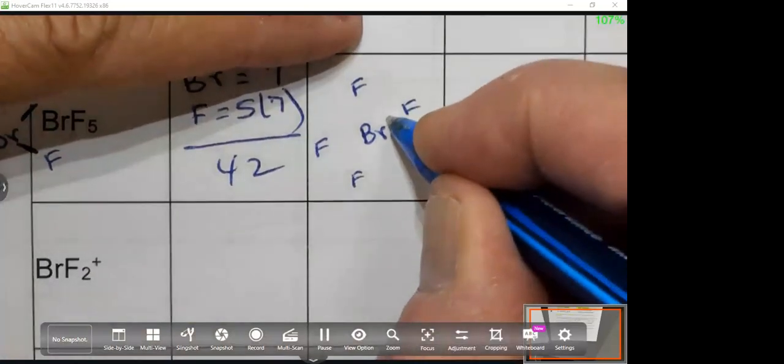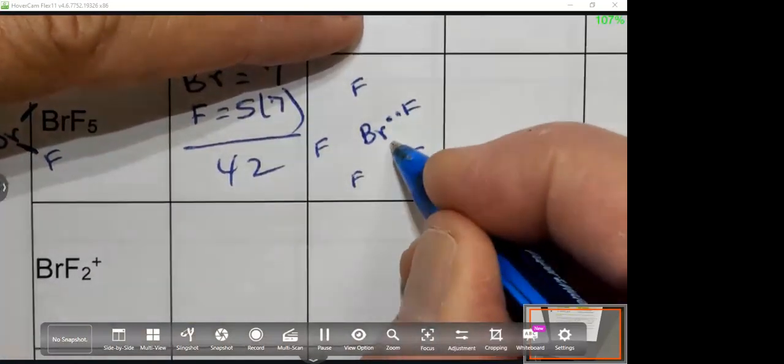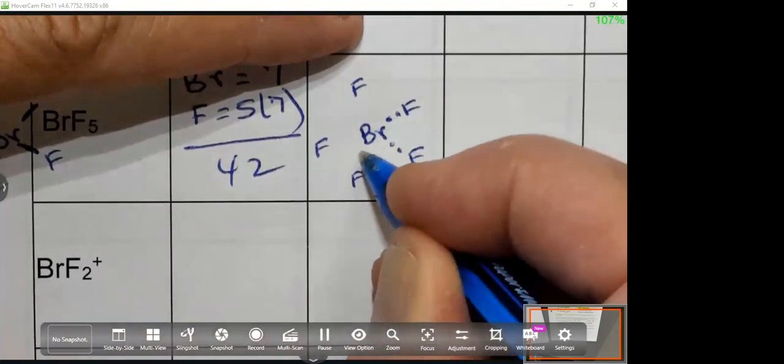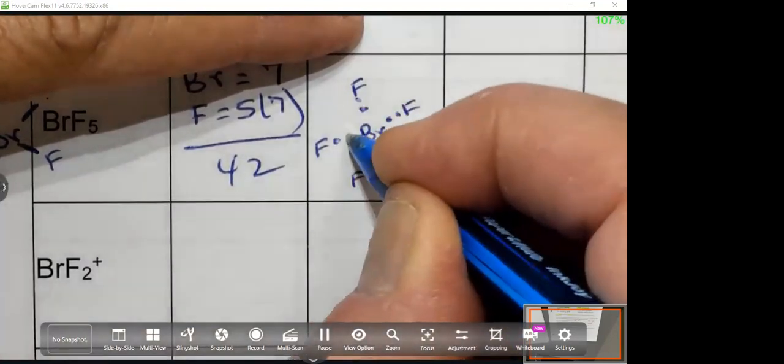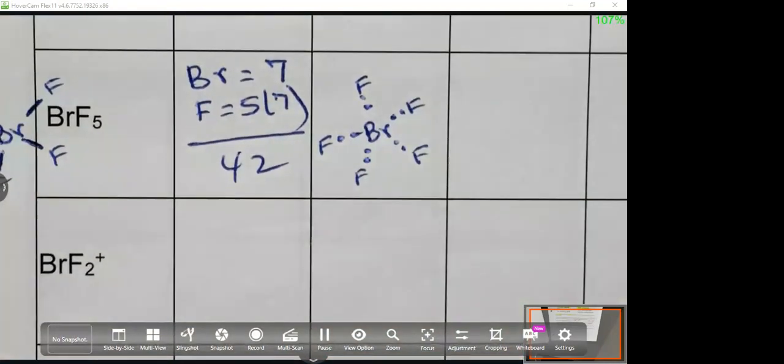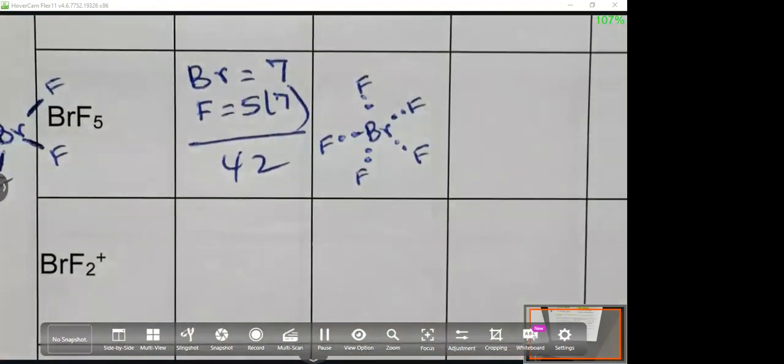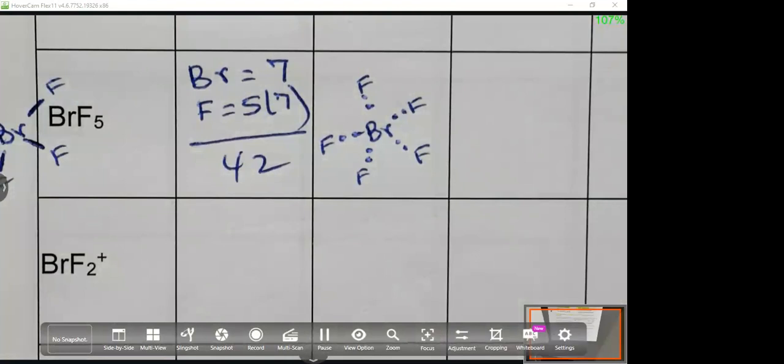We're going to put a pair of electrons in here. All right, let's complete our octet on the outside, right? So you're going to put 6 around each fluorine.